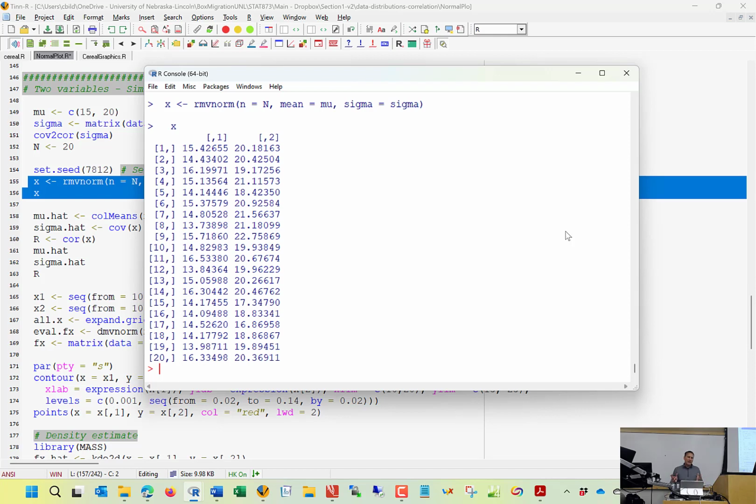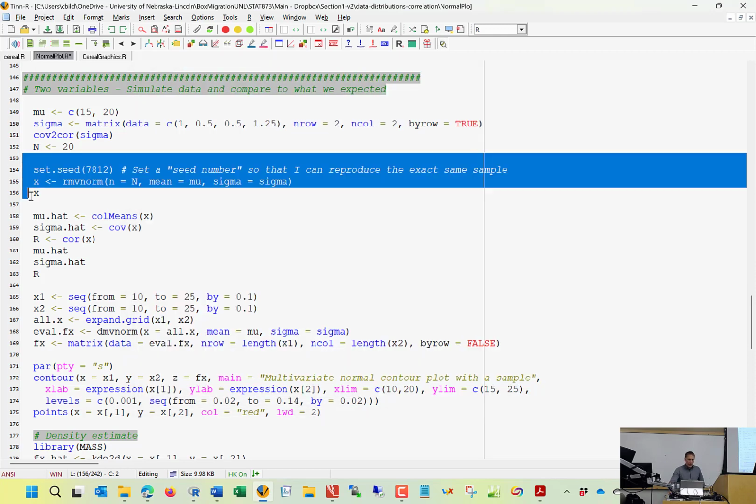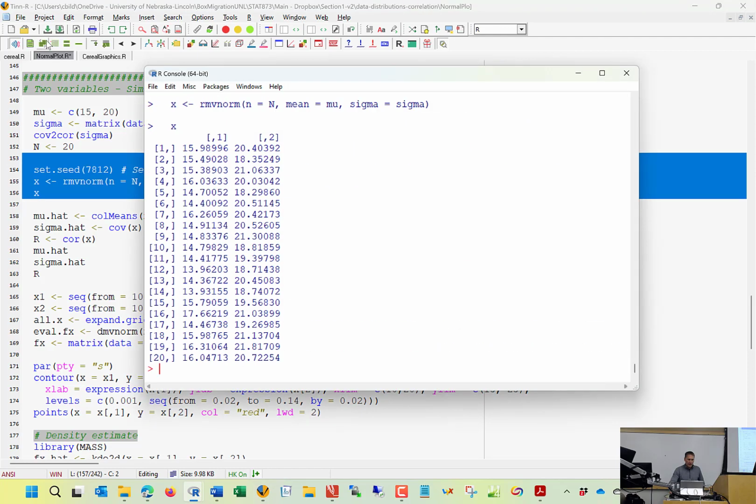How this number is used is basically the internal algorithm that rmvnorm uses takes into account this seed number that you're setting in order to, let's say, grow the sample a certain way. And any time that I run this code with exactly that same seed number, I will get exactly the same results.